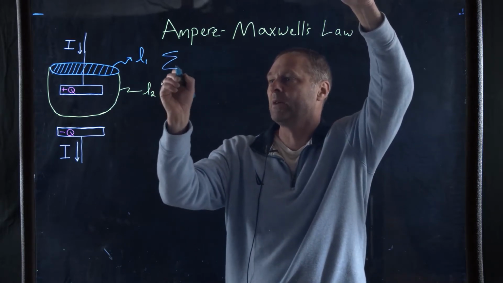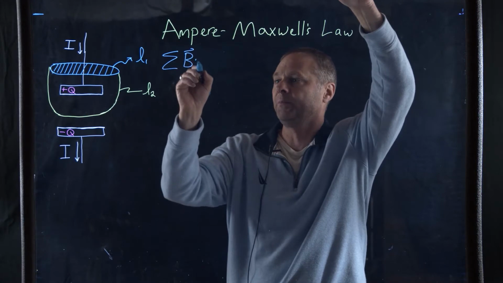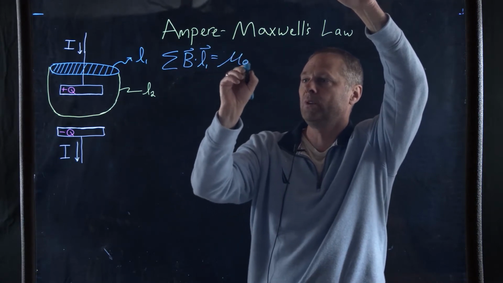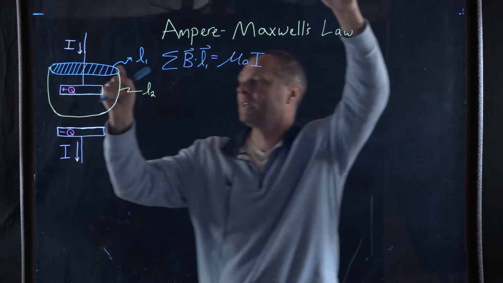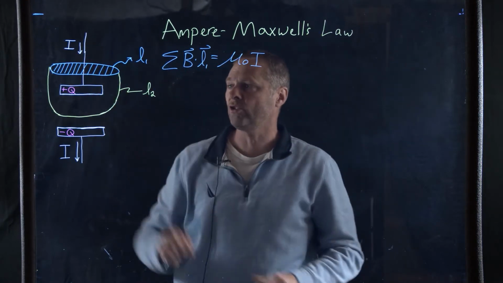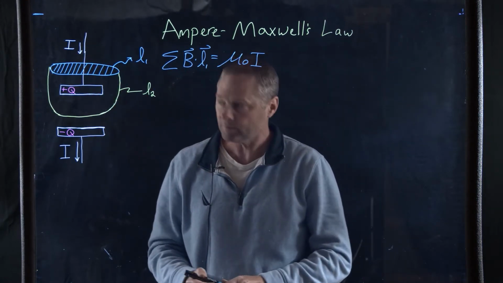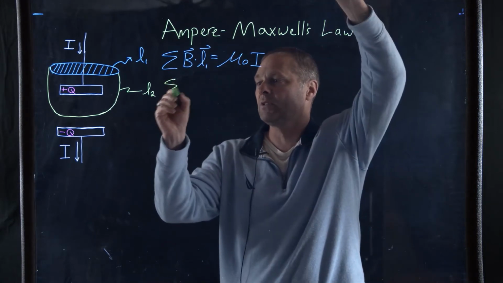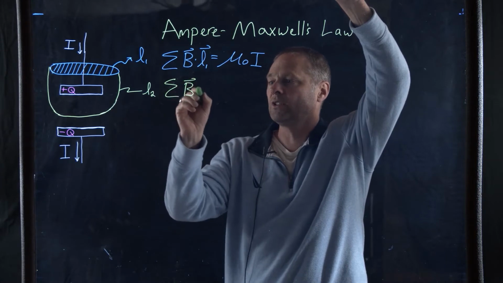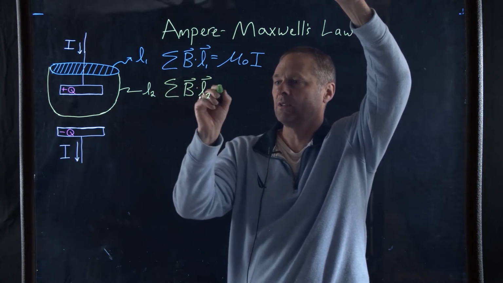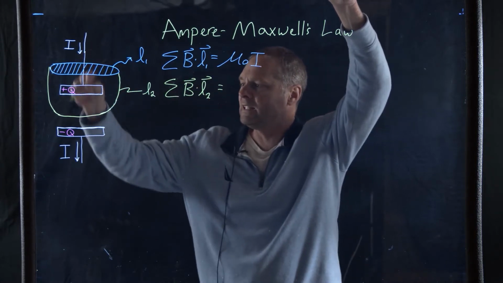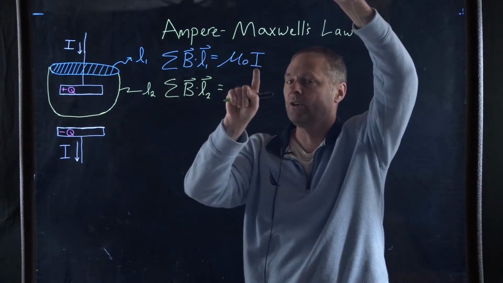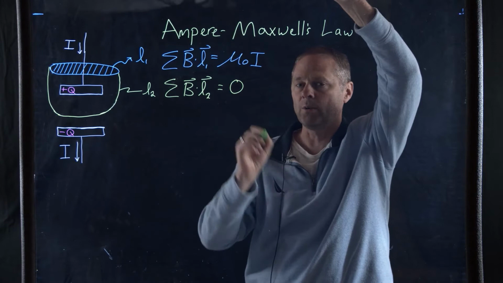If we apply Ampere's law to the first surface, L1, that's equal to mu naught I, because the current is clearly traveling through L1. Now, if I apply Ampere's law to the second surface, the current is not traveling through L2, so our current is equal to 0.